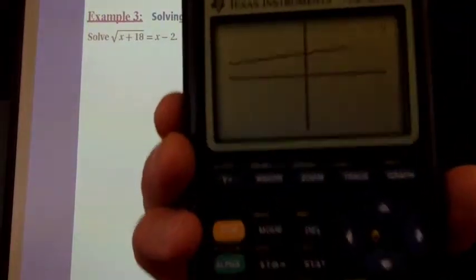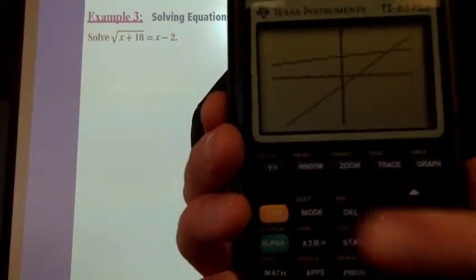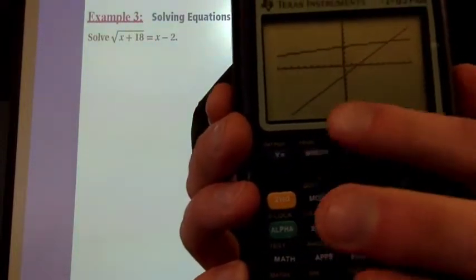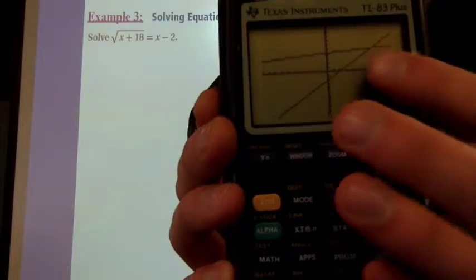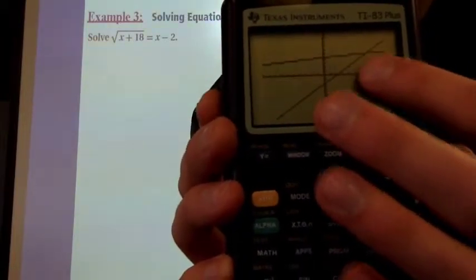You can see there's the square root of x plus 18, and then this straight one is x minus 2. And you can see that these graphs only intersect at one point.